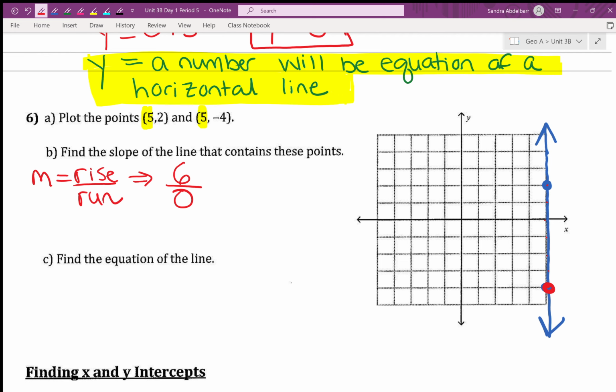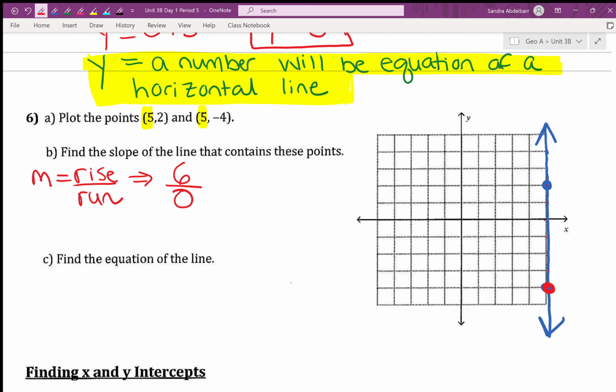All right, so let's think about this. If you were skiing down this line, what would happen? You would die for sure. You would 100% die. All right, so there's no chance of survival. So this is not a 0 slope. What happens when there's a 0 slope? You don't move when there's a 0 slope. This is either an undefined slope or a no slope, meaning there's no chance of survival.